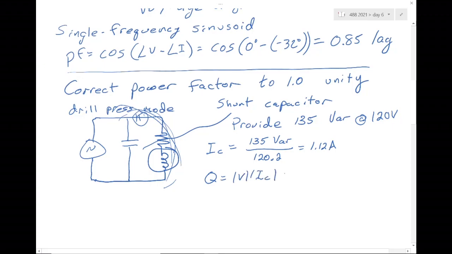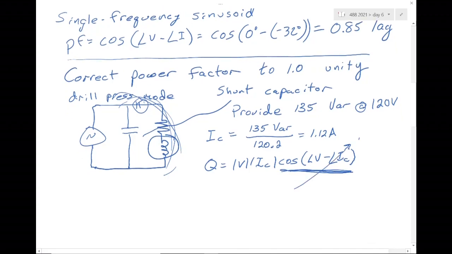in this case, current through the capacitor, cosine, angle voltage minus angle capacitor current. This is 1. That's why I can use the equation above. That's not a minus sign. How do I know that's 1?